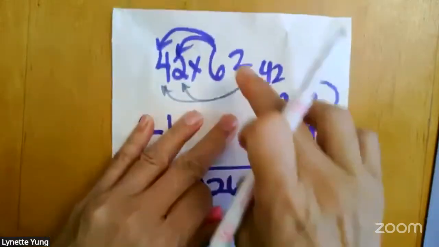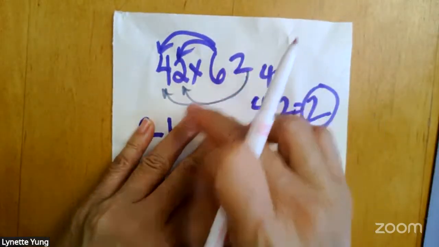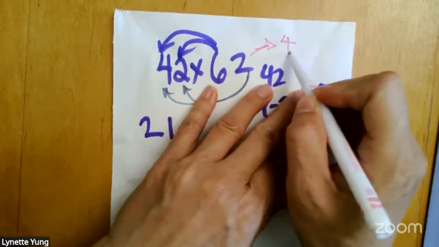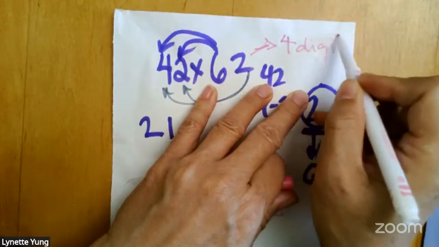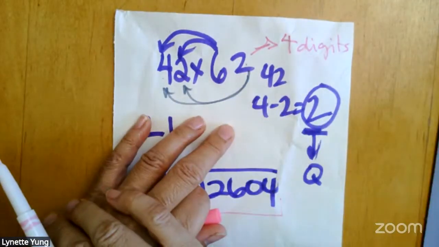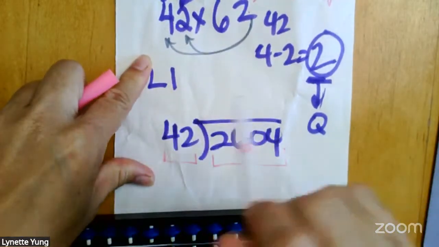Same thing here. We can predetermine the number of digits in our answer. It's going to be somewhere in the 4 digits. Why? Because it's 1, 2, 3, 4. Same thing with division.